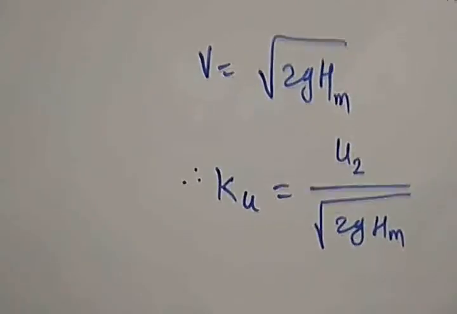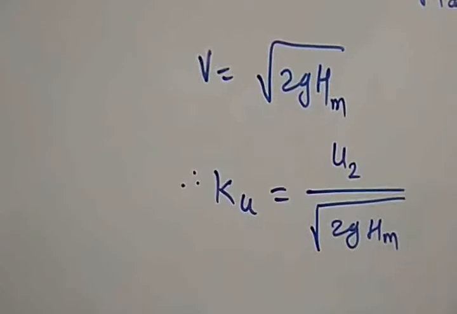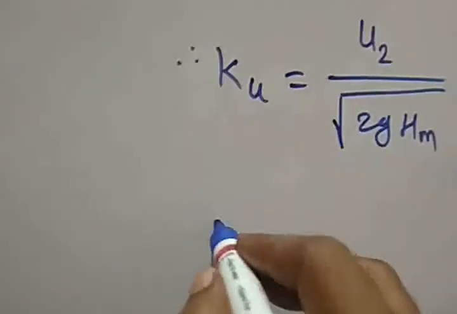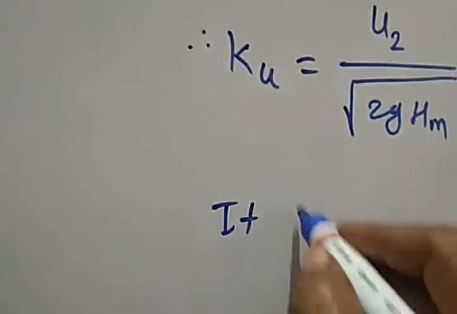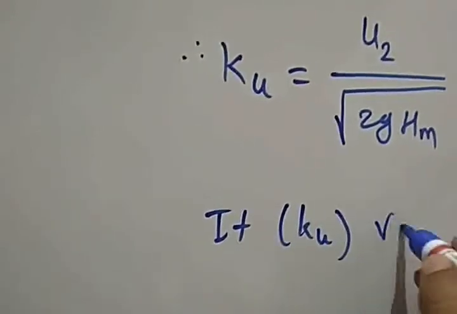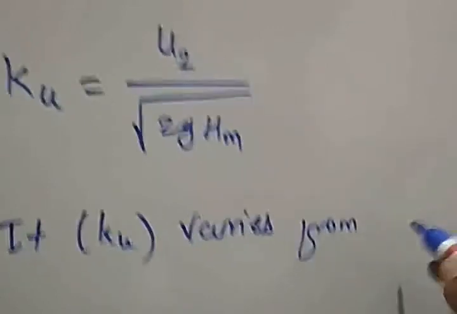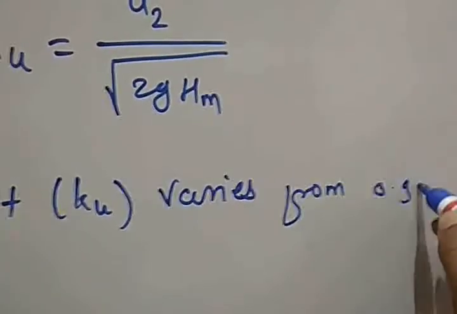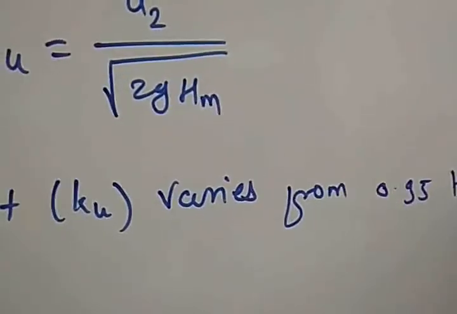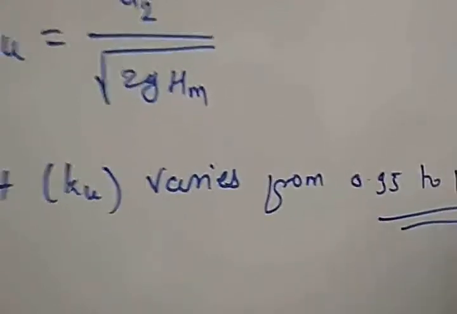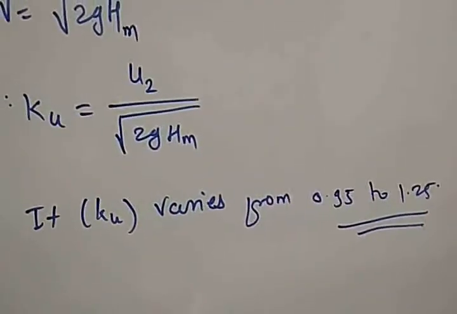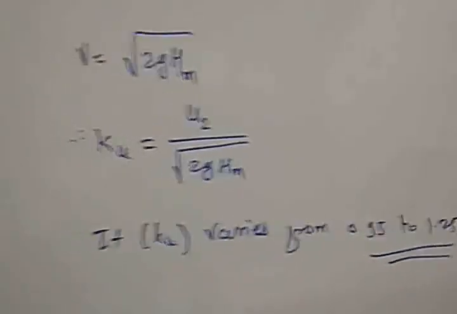Now this value Ku varies from 0.95 to 1.25. So this is the general value for the Ku.